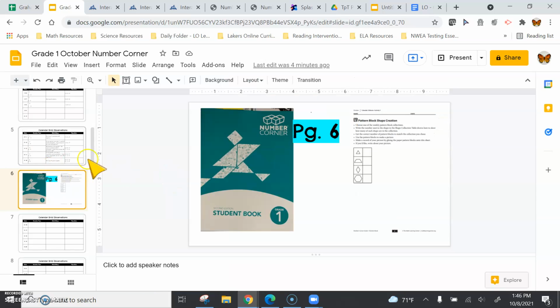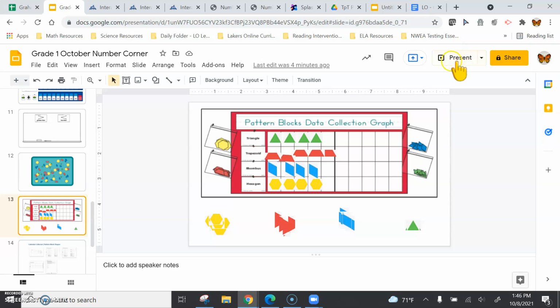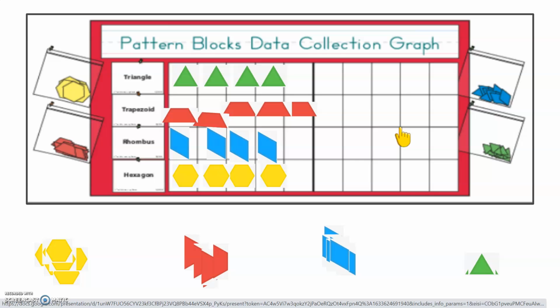I am going to help you by, for the rest of this video, keeping this information on the screen. If you need to pause the video here, you can look at this chart to help you figure out how many of each one of the shapes we have collected this week.